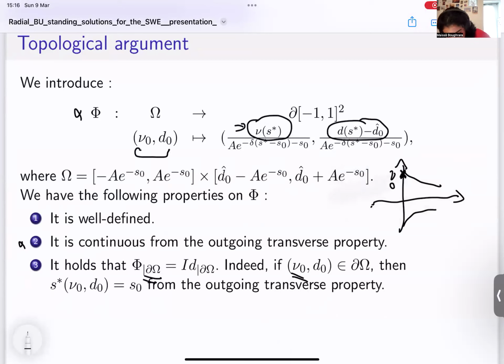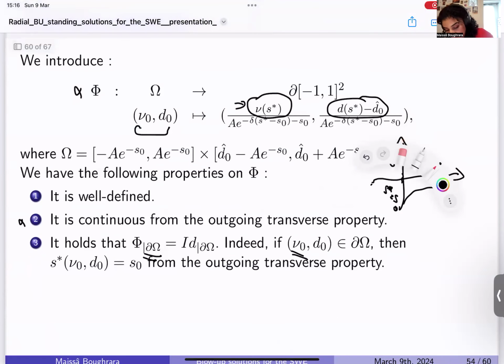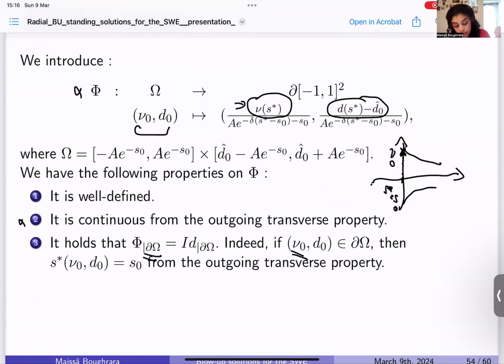Then my exit time S star is going to be equal to S0. So this application is well defined, continuous, and its restriction to the borders of the domain of definition is going to be the identity.